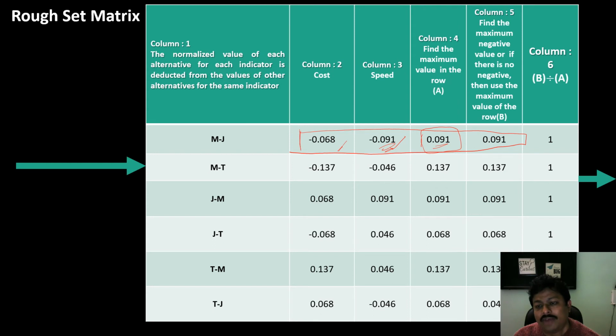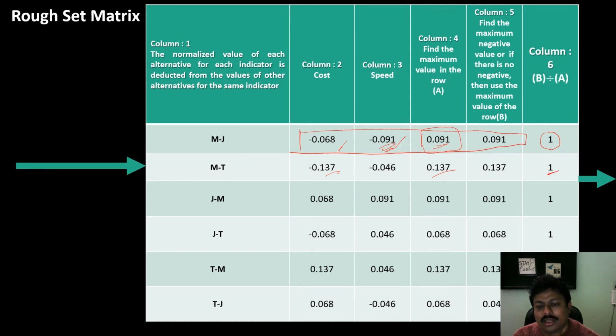So when we divide this, we get a 1. Again, for this one, you see which one is the maximum value. Here also, interestingly, 0.137 among all the values. Among the negatives, 0.137. So you divide and you get 1. When dividing, you must ignore the negative sign.